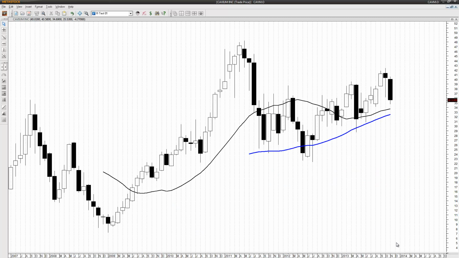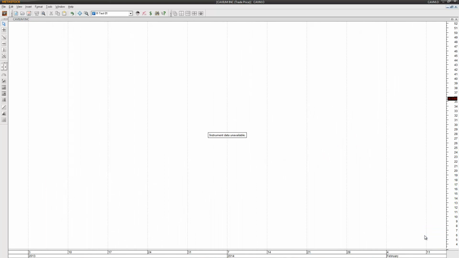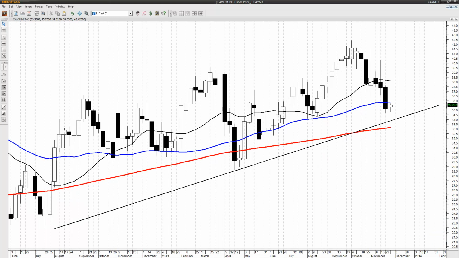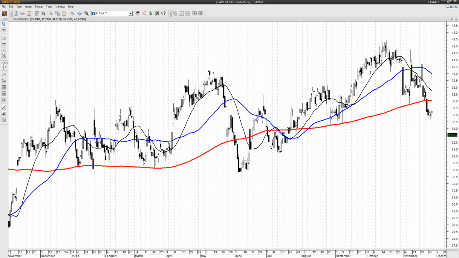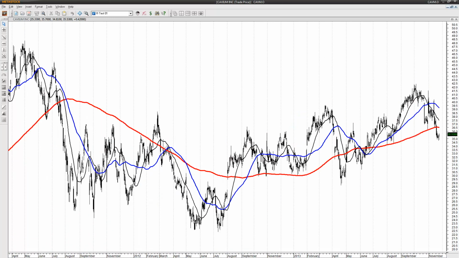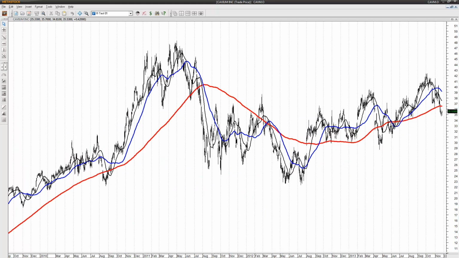KVM. You can probably see what I'm looking at. I'm looking at this trough, connecting that to that trough, and you get a trend line. If I now change to weekly, it should be visible, and even if I change to daily, okay, my chart program doesn't take that trend line with it, but this is the line that I'm looking at.